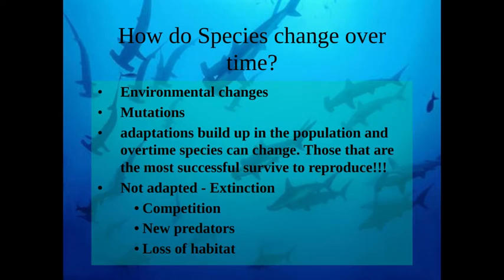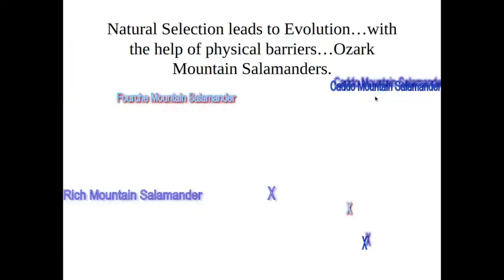So differences in camouflage, different mutations, can help those species change over time. It says adaptations build up in the population and over time species can change. Those that are the most successful survive to reproduce. Those that are not adapted could lead to extinction. So competition selects the environment. When you are competing, different predators or loss of habitat can all cause those changes in species.